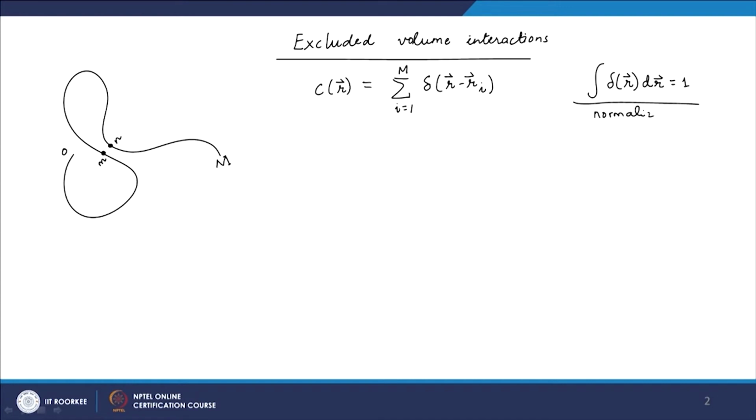So that essentially means that every time a particular segment I is at a position R, we add something of the order of 1 by V, and if I sum over all the segments, we get the numbers per unit volume, and that characterizes the concentration or the number density, as you want to call it.